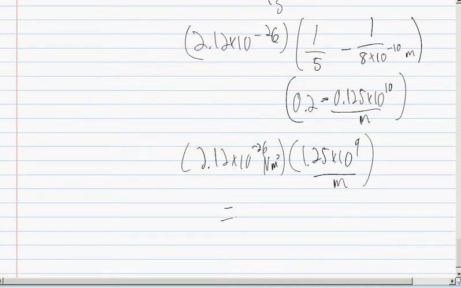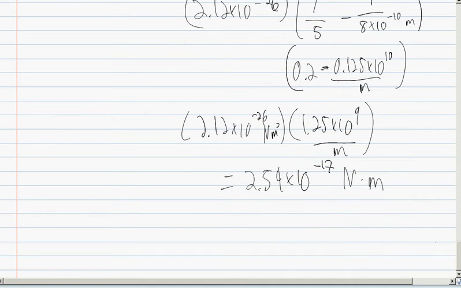And then it's going to be, let's see, 2 times 1/4 of that, which would be 0.52 or something like that. So it would be 2.54 times 10 to the negative 17th Newton meters.